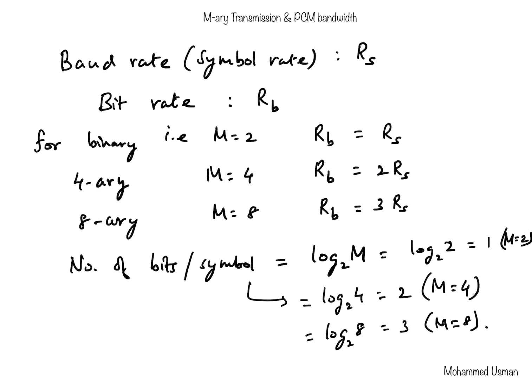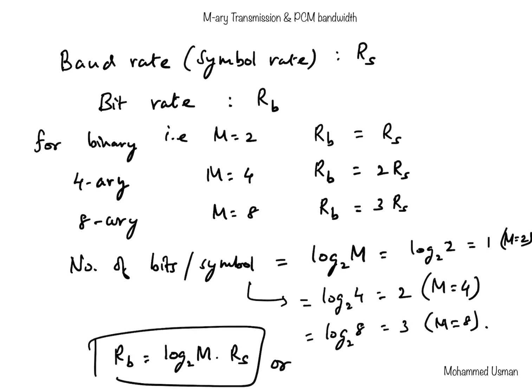So we can write the general relationship here: RB is equal to logarithm to the base 2 of M times RS, or we can simply write RS is equal to RB divided by log to the base 2 of M. These are equivalent representations.